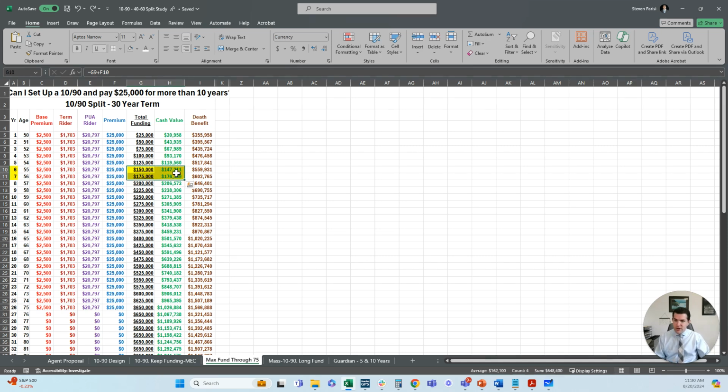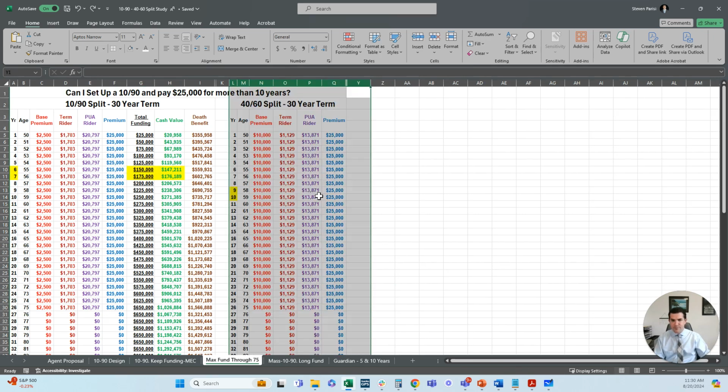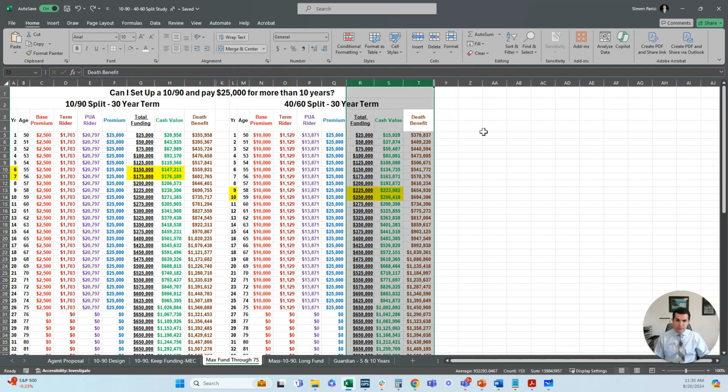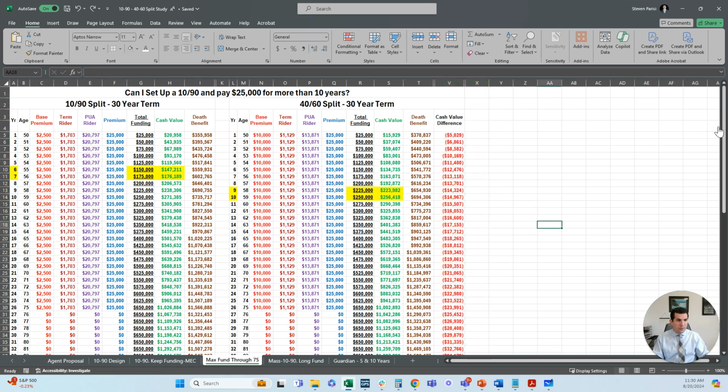But using the same product we have been since the beginning of this case study, breaking even between years 6 and 7. Then we've got the 40/60 with a 30-year term, $25K per year. What do you notice? Break evens between 9 and 10. What about the difference here? This is apples to apples, by the way. Cash value difference.